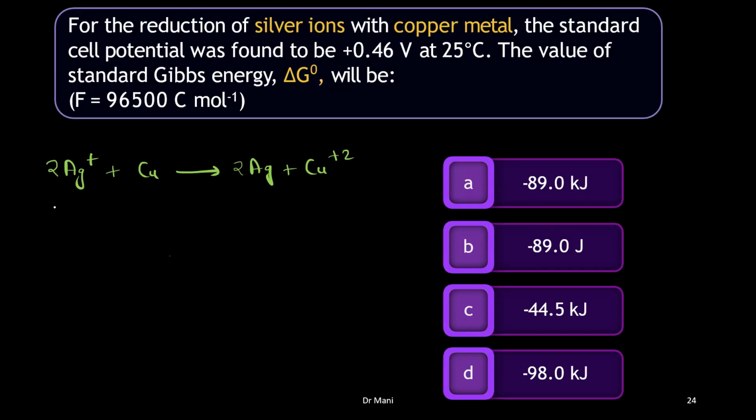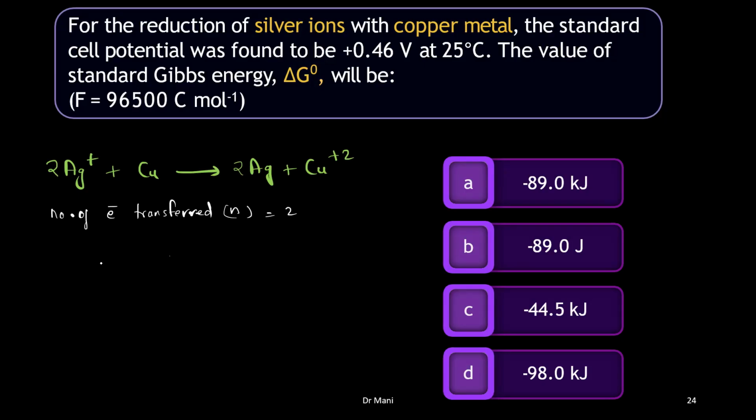Nothing but the number of electrons transferred during the redox reaction. Transferred means from one element to the other element, or from one molecule to the other molecule. So here two electrons are moving from copper to silver. So here the number of electrons, the value n, will be 2. Clear?